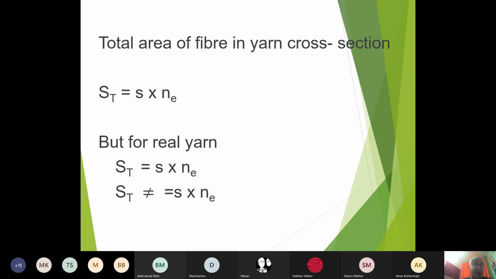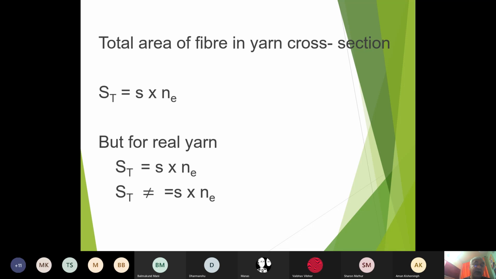But in a real yarn, we found that ST is not equal to S into NE. Technically, here I know the area of an individual fiber and the number of fibers in the yarn cross section, I multiply them and I get the total area of the fiber.